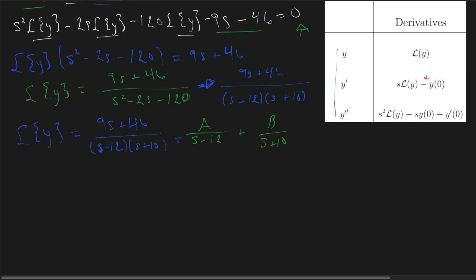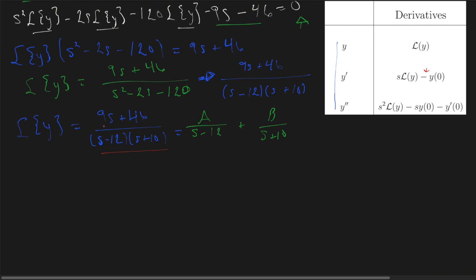Let's multiply this entire side by the bottom. So that means that if we multiply this entire thing by s minus 12, s plus 10, we're just going to get this top term is equal to this times this term, and then this times this term.